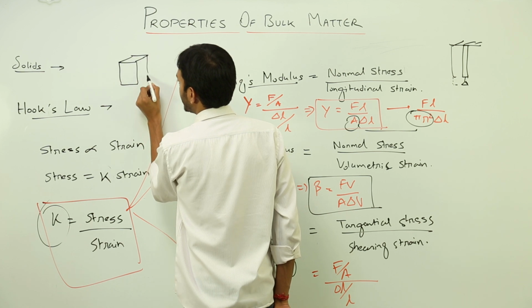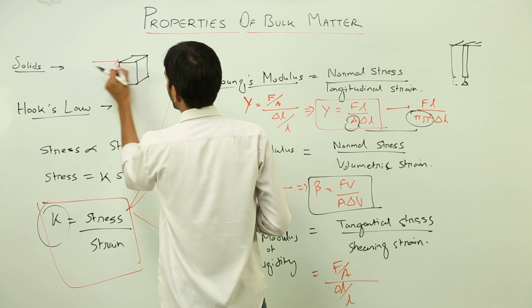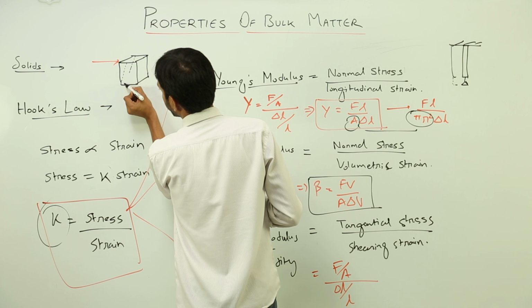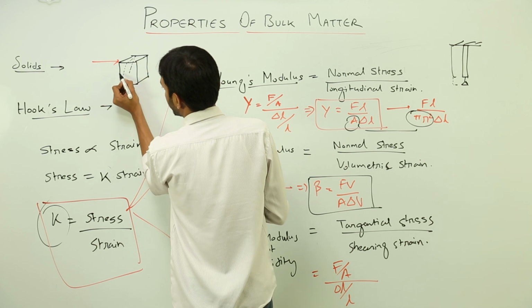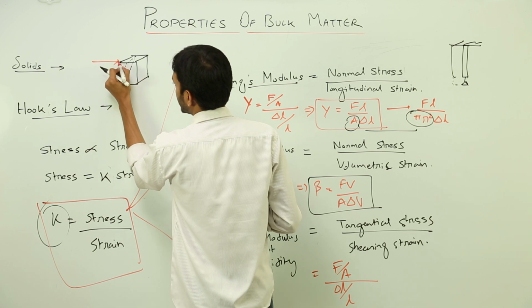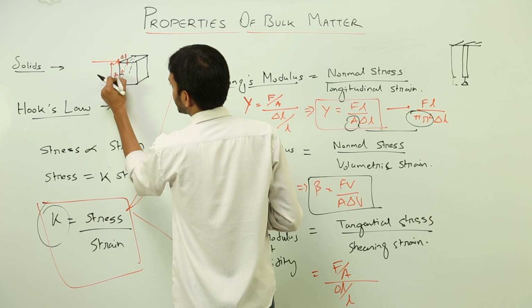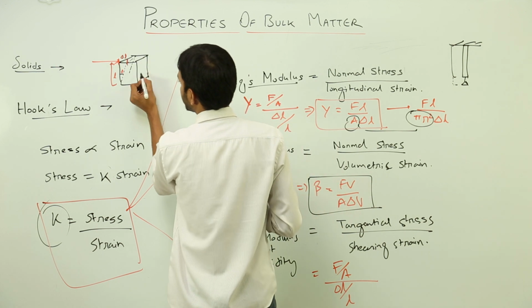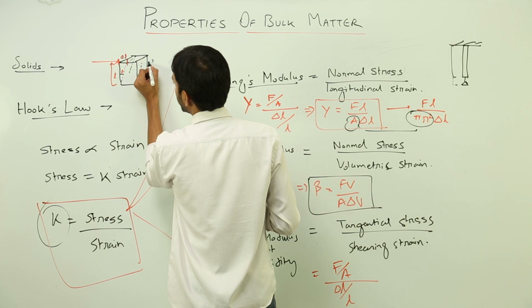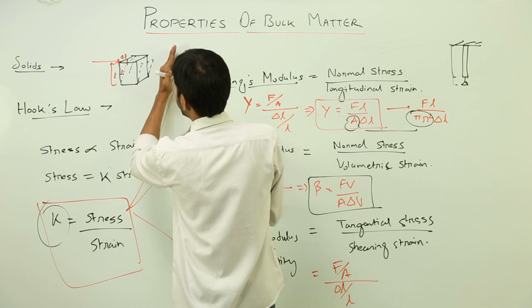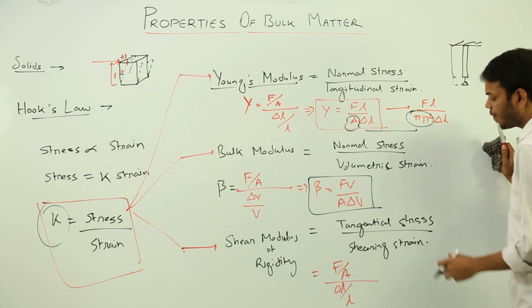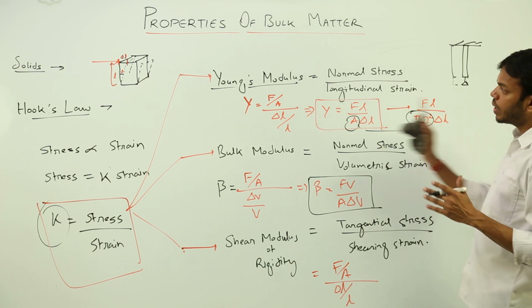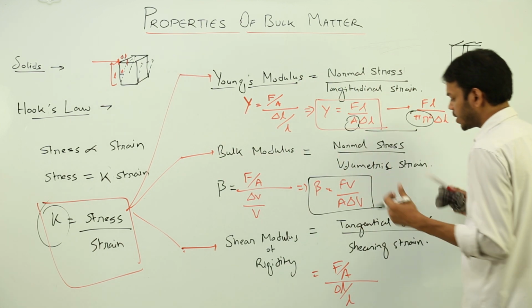If this was the body and it has been acted upon by this force in this direction, this angle is theta, which is this delta L upon this much L. So tan theta is basically what we are talking about in case of shearing strain, because this body got tilted basically. Instead of being straight, it just got tilted, but the volume remains the same. That is what we did in case of shearing strain. It's a type of strain in which the volume remains constant but the shape changes, or the body just gets tilted from one fixed position.